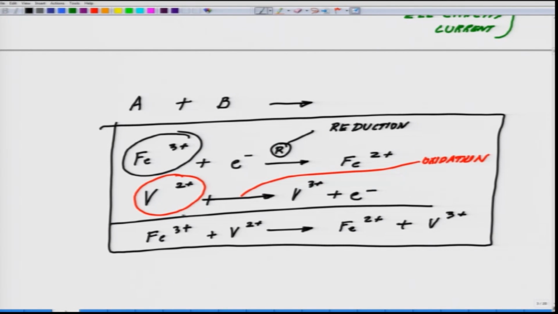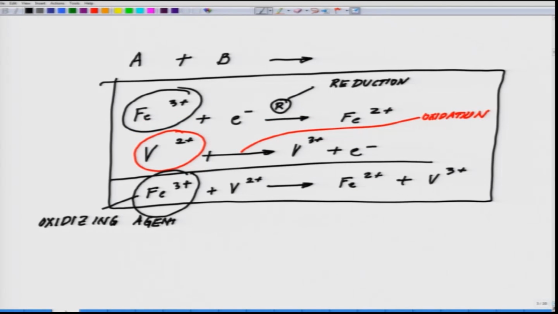Now, in this situation, Fe3+ is considered as an oxidizing agent, which itself gets reduced. So, these are the terms which you have to remember, oxidizing agent. An oxidizing agent is an agent which gets reduced.